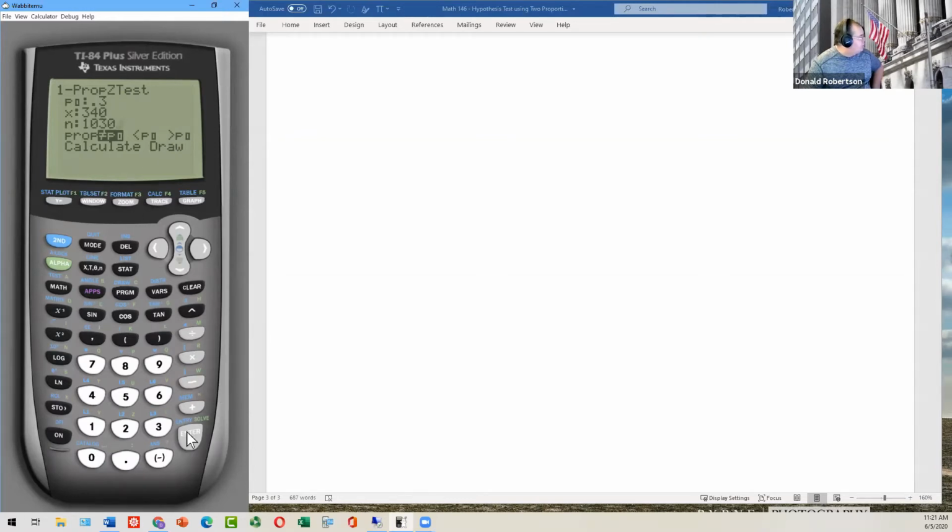So when I go down here, if I wanted to do a test, HA not equal to that number, I would use that one. If I wanted to do P less than 0.3, I would do that one. But that's the one I wanted. It's P greater than 0.3, so I'll hit enter. Then I'll go down, oh, it's already on it, and hit calculate.